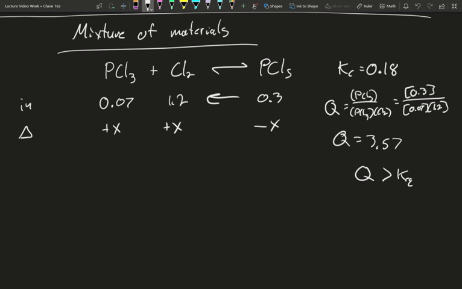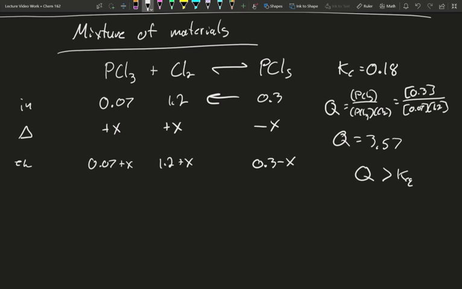So when we started with the mixture, the first step we needed to do was identify the direction of the reaction so we knew what the changes were going to be, which was going to be plus and which was going to be minus. They're all 1-to-1, so it's all x for their change, which means at equilibrium, we'll have 0.07 plus x, 1.2 plus x, and 0.3 minus x.